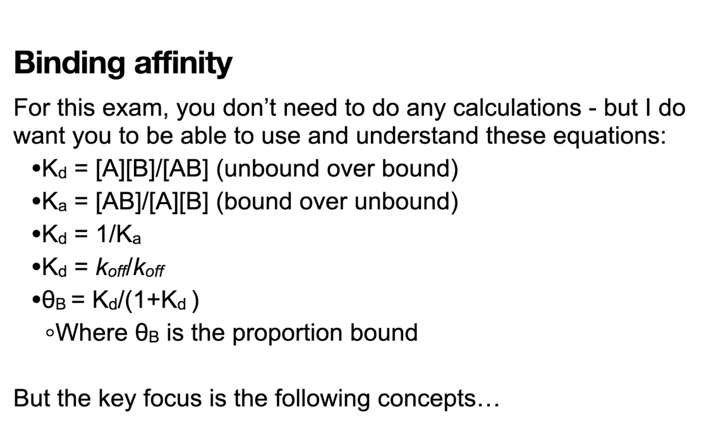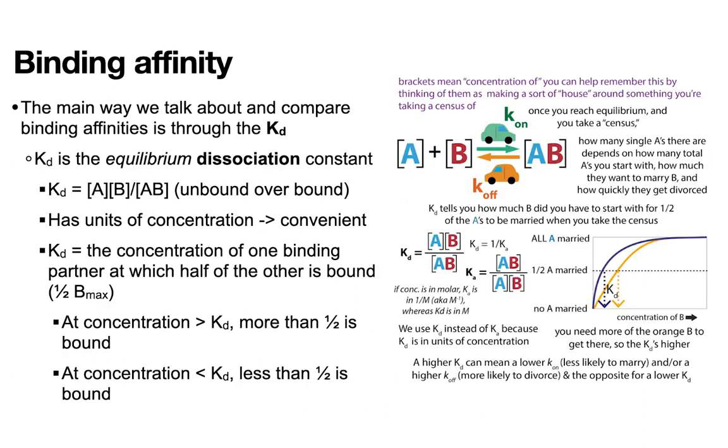Mathematically, it's equal to the concentration of A times the concentration of B over the concentration of bound AB. And the reason we use this instead of the equilibrium association constant Ka is because we have units of concentration, so it's convenient.